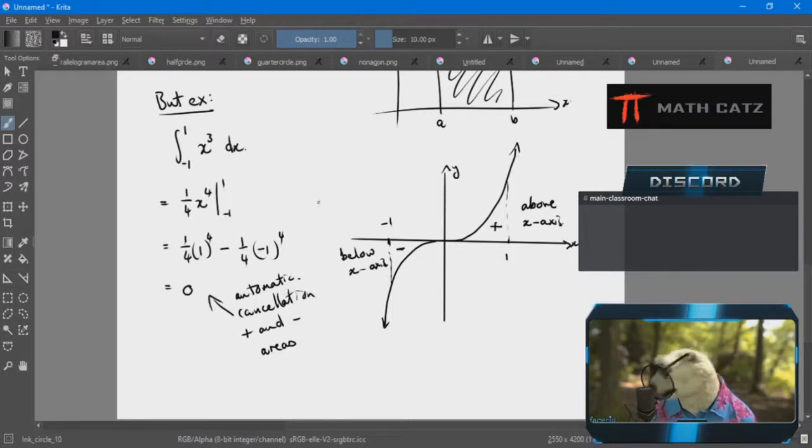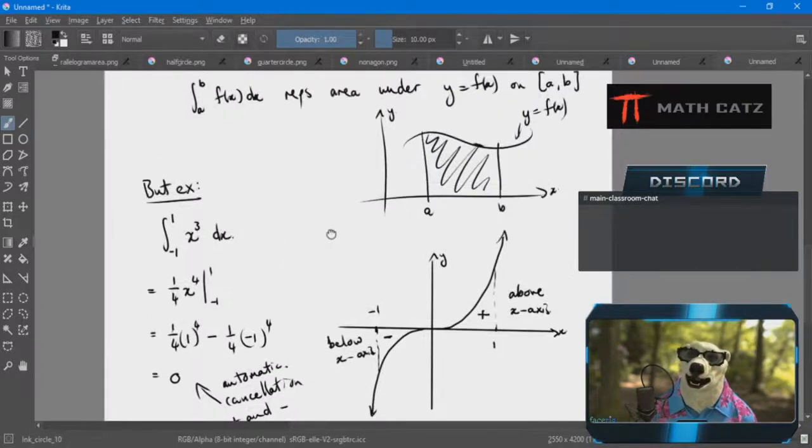Now, before we had such simple examples where we picked a graph and an interval that was well above the x-axis, and there was no issue. The area was positive already. Then the definite integral does represent the area under the graph, if that graph on that interval sits well above the x-axis.